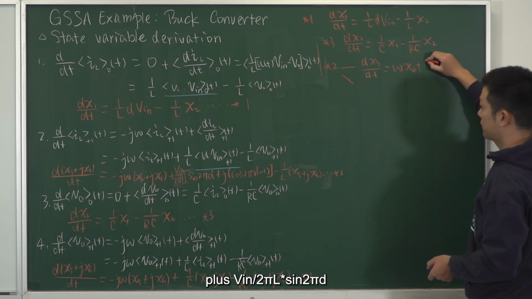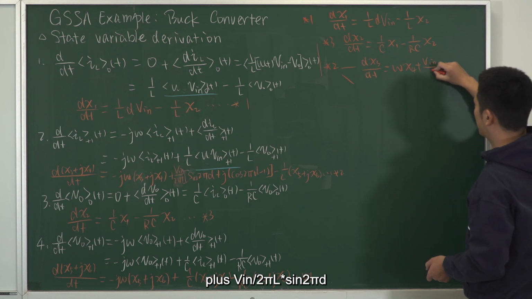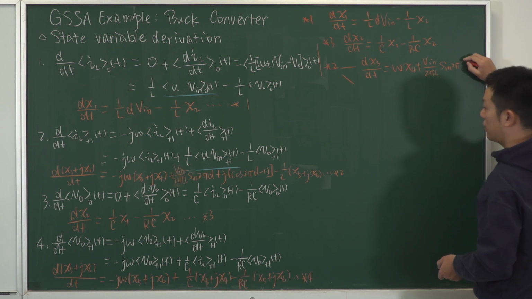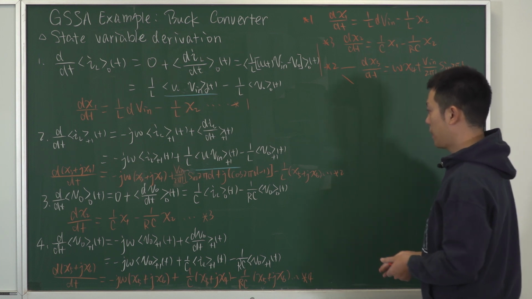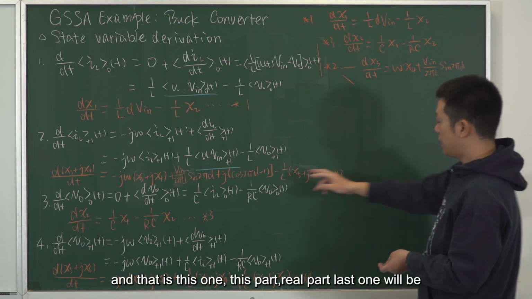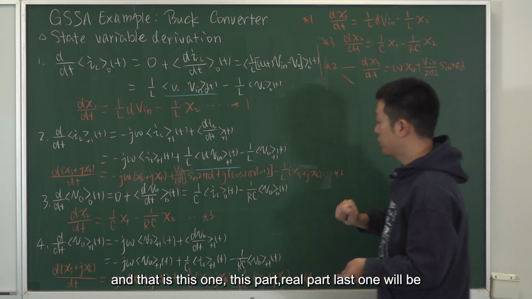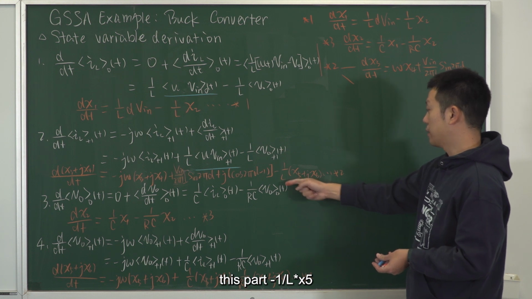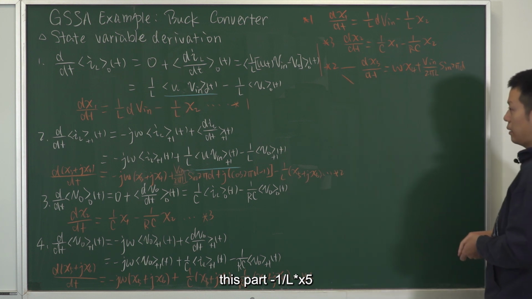Plus Vin over 2 pi L sine 2 pi d. And that is this part, right? Real part. Last one will be this part, minus 1 over L times x5.